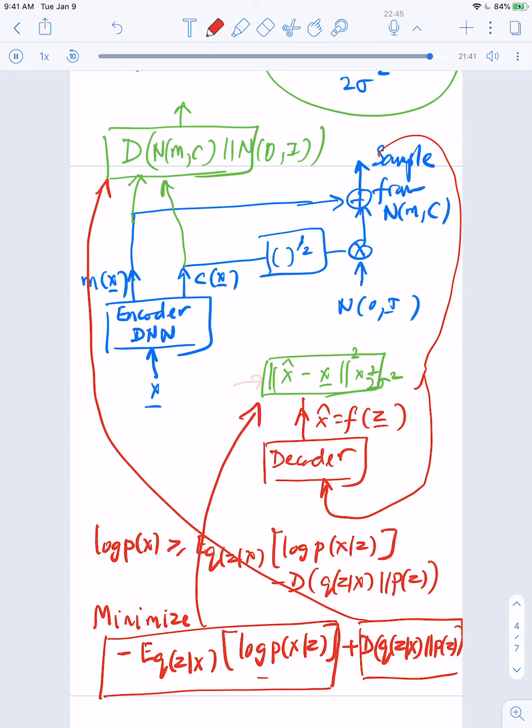That's another restrictive assumption. So in principle, you could do better by changing some of these assumptions, and indeed VAEs have been improved by drastically changing the model for the encoder output, right?